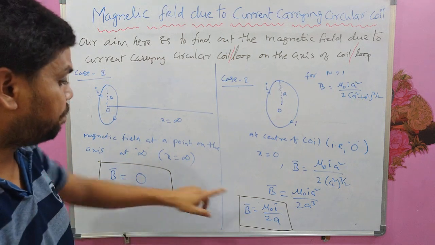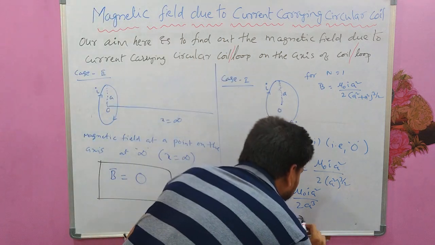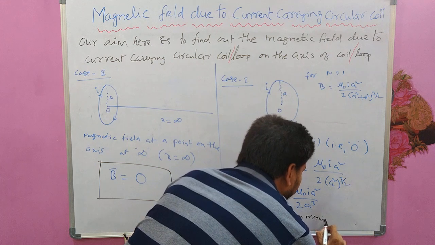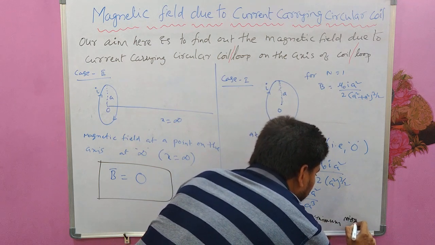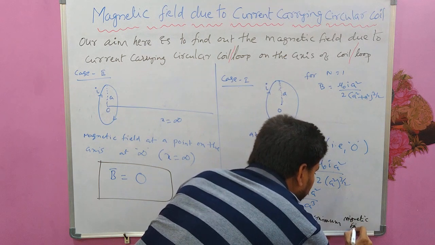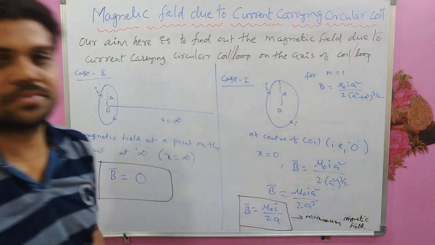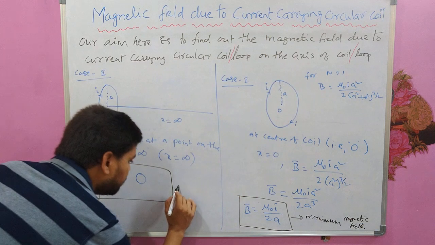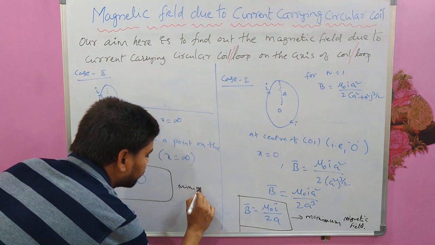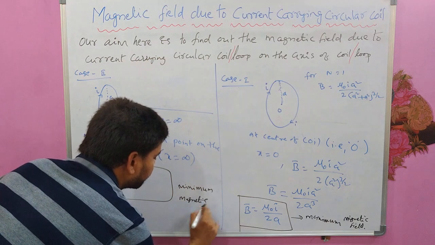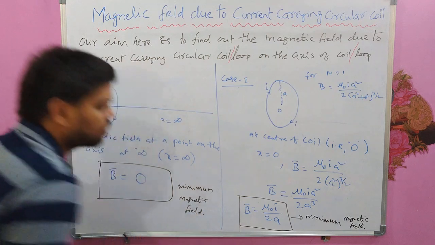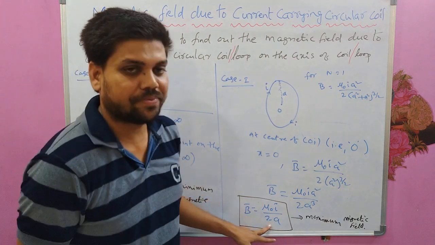And remember, B at the center is the maximum magnetic field. And here it is minimum. What is its direction?